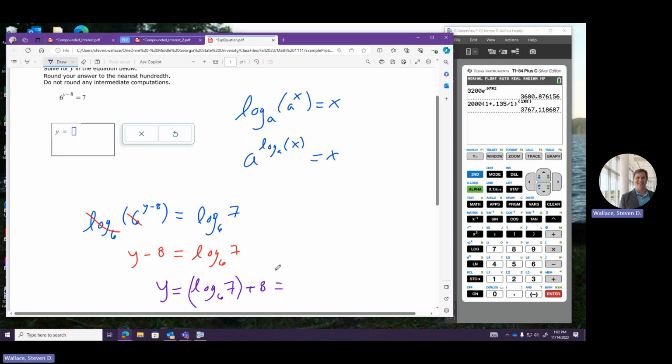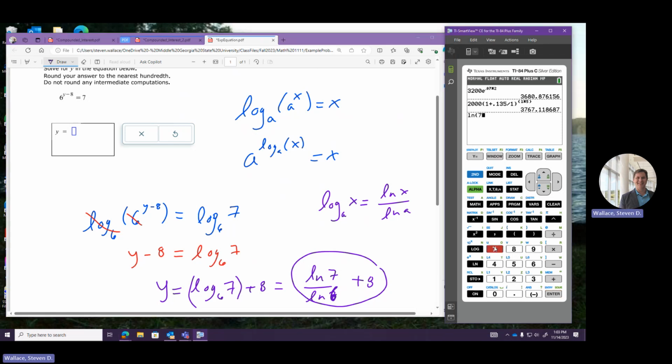So there's another formula in logarithms that says the log base a of x is equal to ln x over ln a. And ln is one of the buttons that you have on your calculator. So I would rewrite this whole thing as ln 7 over ln 6, plus 8, and then I can plug it into my calculator to get the answer.